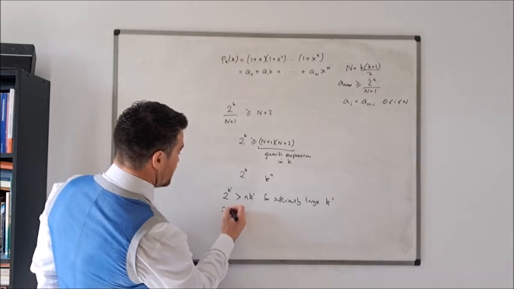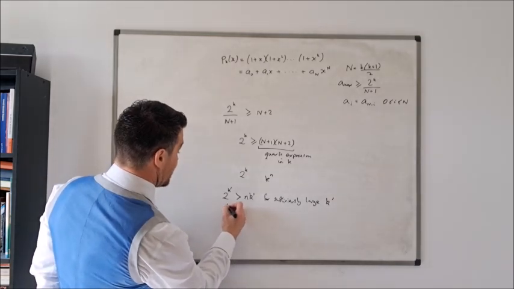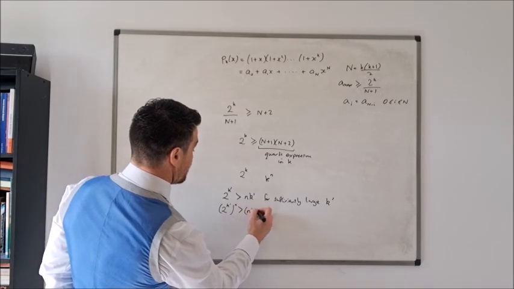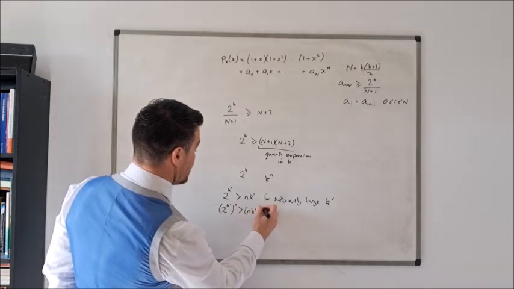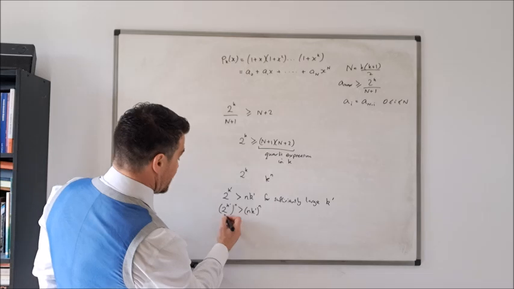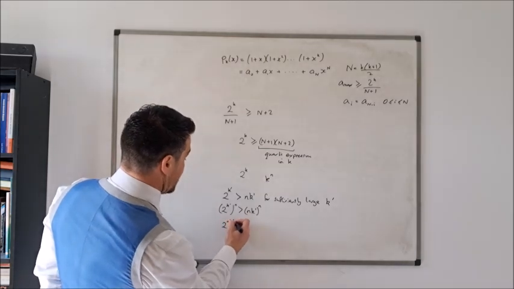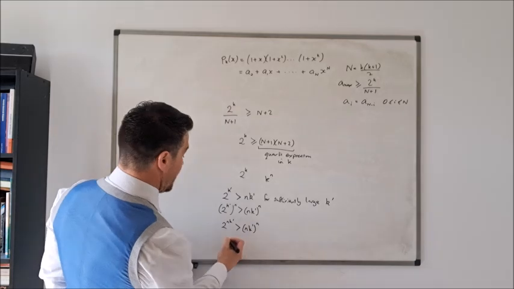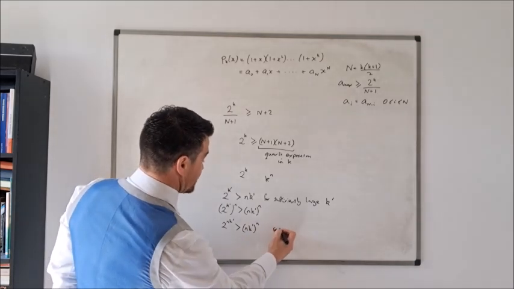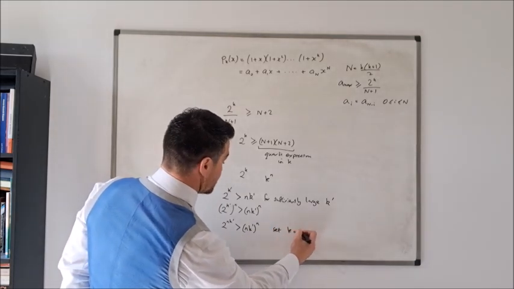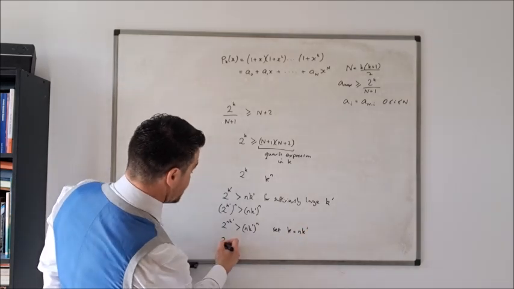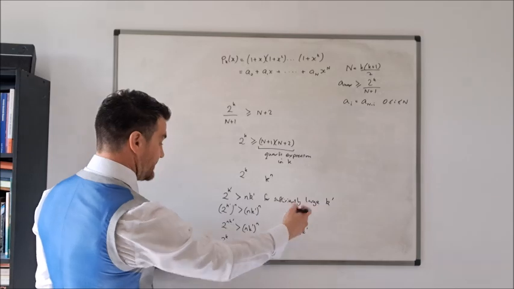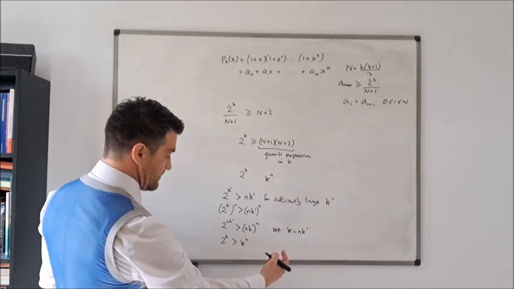So 2 to the power of n k primed is going to be greater than n k primed to the power of n. And so if we set k equal to n times k primed, we get 2 to the power of k is greater than k to the power of n for sufficiently large k.